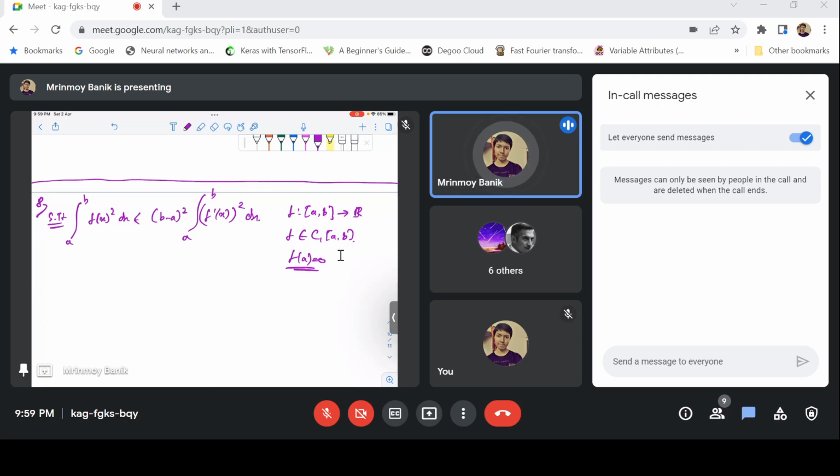Pretty easy. We can use the Cauchy-Schwarz inequality, the integral form of the Cauchy-Schwarz. So the integral of f(x) g(x) dx squared is less than or equal to the integral of f(x) squared dx times the integral of g(x) squared dx.